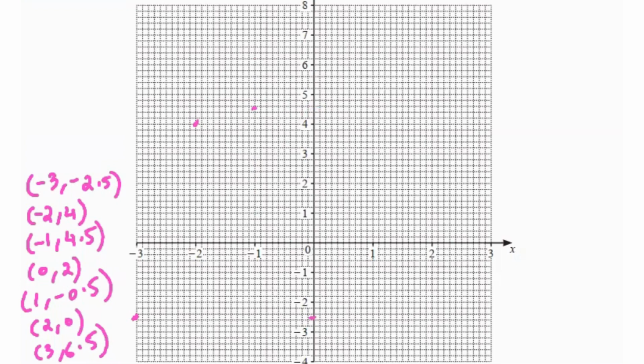Zero, 2, that's going to be over here. Then 1, -0.5. It's going to be over here. And 2, 0.